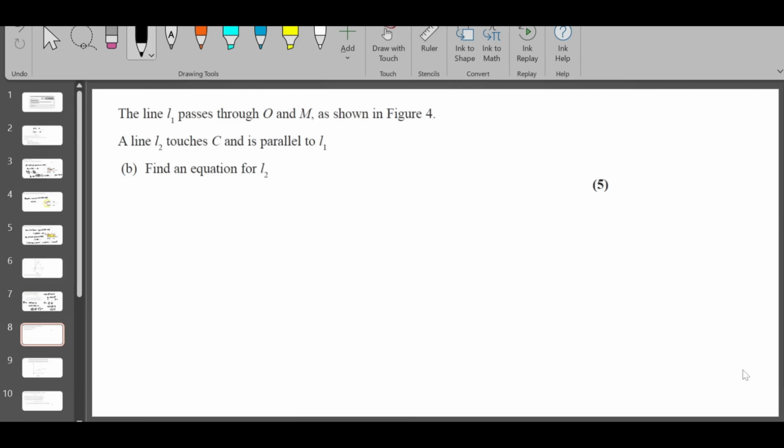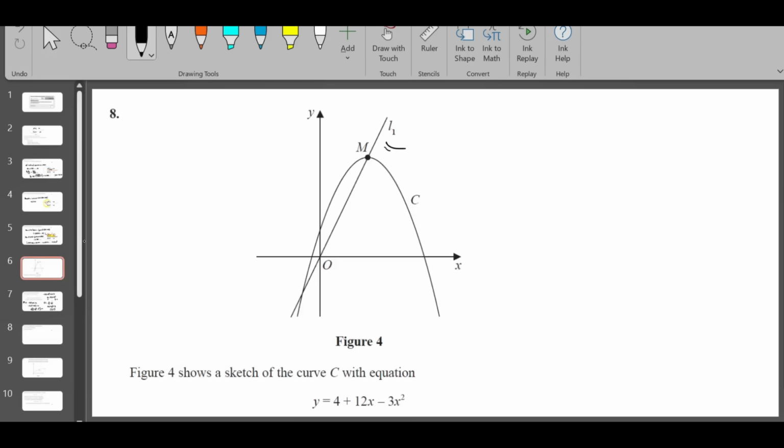The next part, the line L1 passes through origin and M. L2 touches C and is parallel to L1. Find an equation for L2. Okay. We have L1 here that passes through 2 points, origin and this. You can find the slope of L1 first.